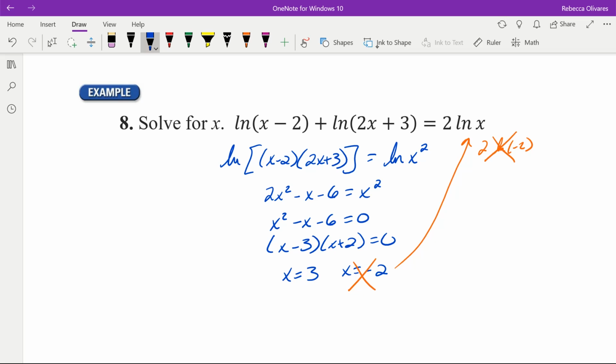You're also going to want to check the 3. Remember, it's not just because the value is positive, it's whatever makes the argument positive or negative. So if you check the 3, you can plug 3 into the natural log of x. If you plug a 3 into that expression, it's going to stay positive. If you plug a 3 there, it's going to stay positive. So x equals 3 is our one and only solution.